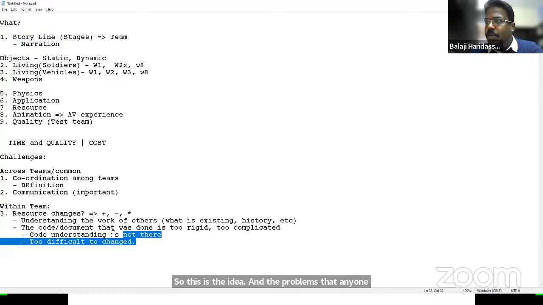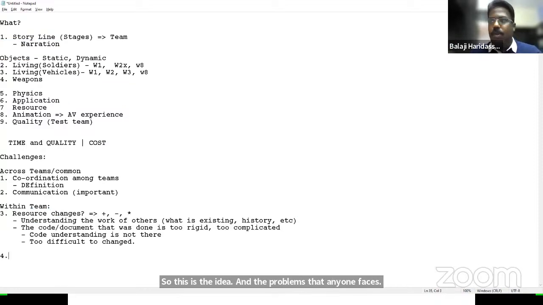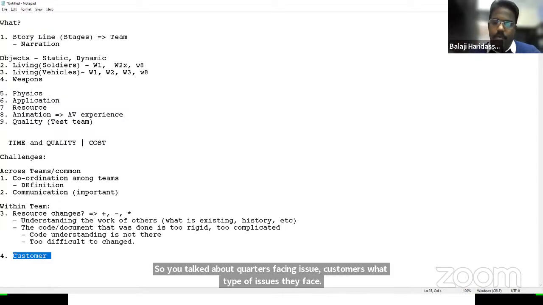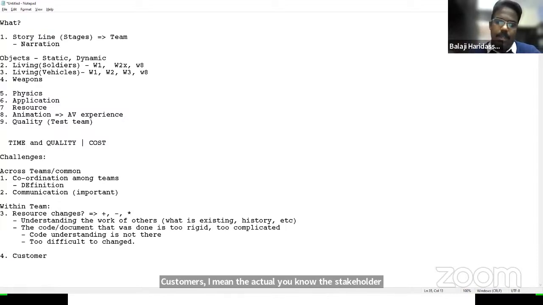So you talked about coders facing issues. What type of issues may customers face? The actual stakeholder who is giving the requirement gives a requirement, and we take a long time to finish. We take 1 month to release a feature because someone is not able to understand, the code is designed poorly, and so on.